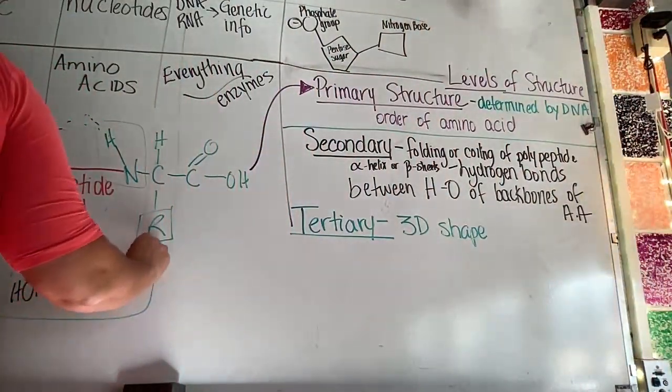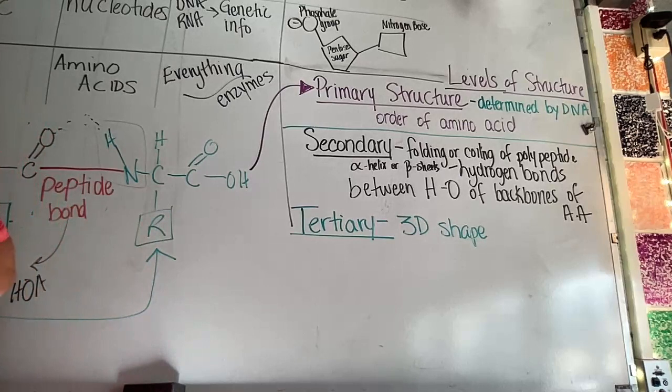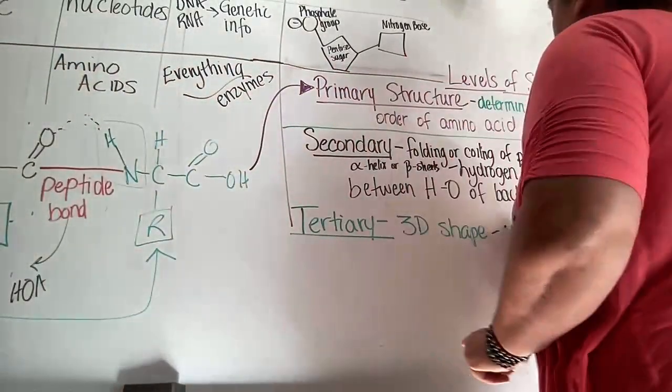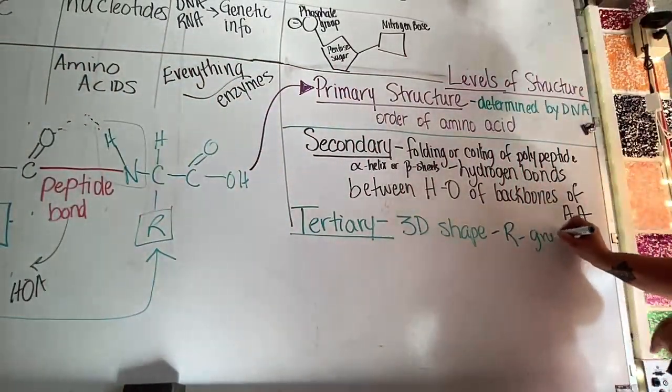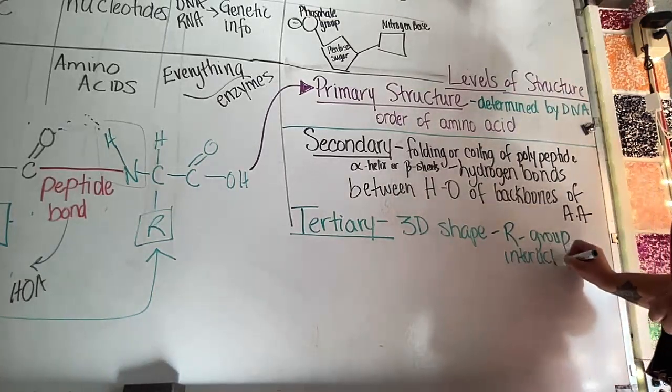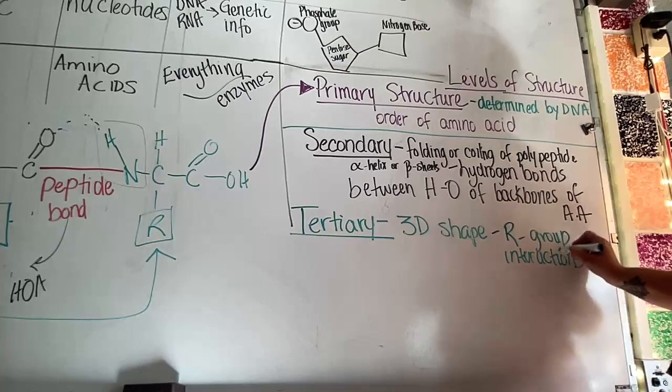Good. The first, secondary, has to do with this backbone, right? The interactions between the NHs and the COOHs, right? This has to do with R group interactions. And you guys will be really exploring that too. R group interactions. Good, good.